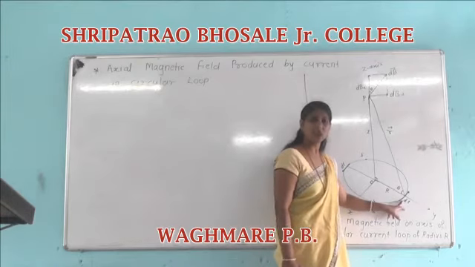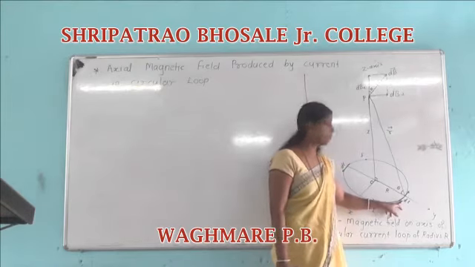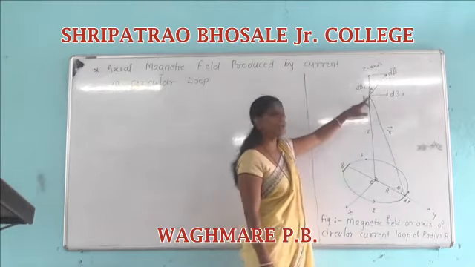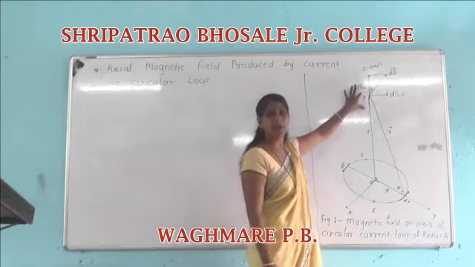I is the current passing through this element, and due to this small element a small magnetic field will be produced at this point P.